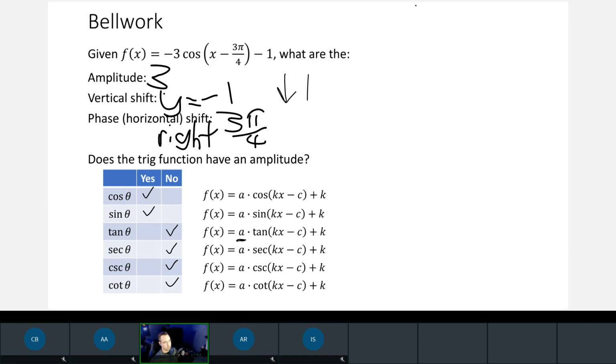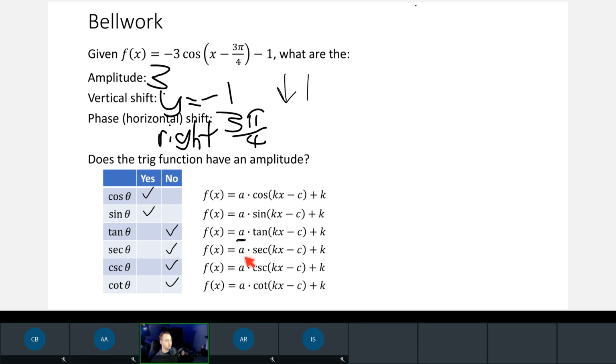Somebody emailed me a snip of one of my lessons where I had it written down. So at one time I did say it right, but after that I said it wrong. To make it clear, only cosine and sine actually have amplitudes. The rest of them don't.